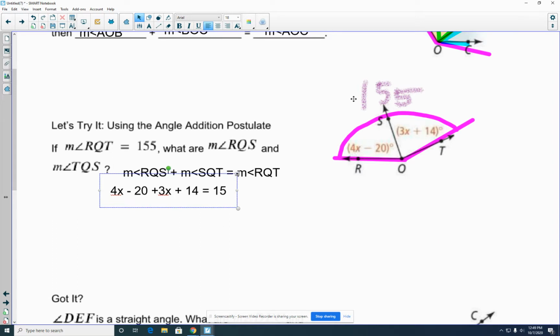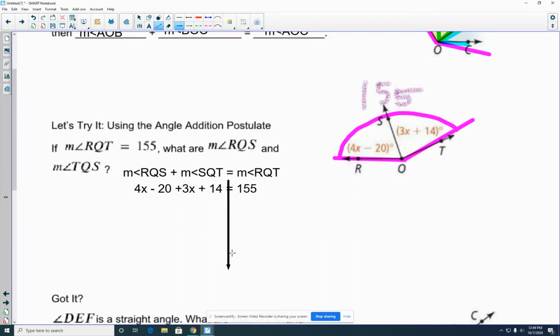That's the entire angle. And now from here, it's the algebra. Remember, for algebra, you draw your line down the middle. Combine like terms. So when I combine my like terms, I get 7x minus 6, and that equals 155 on the other side.